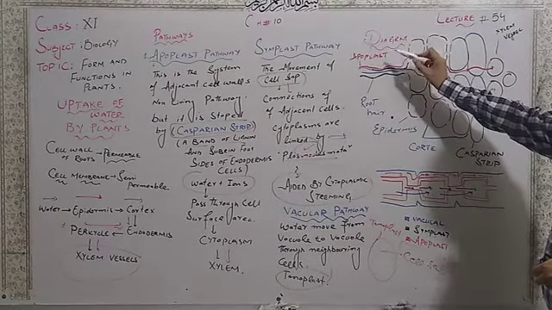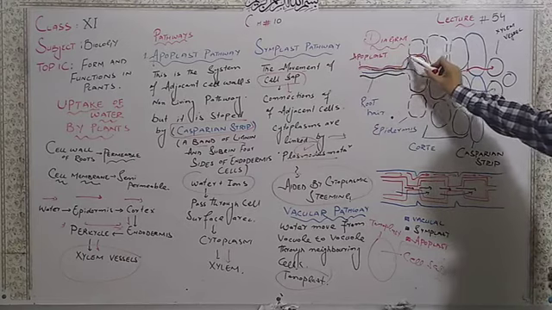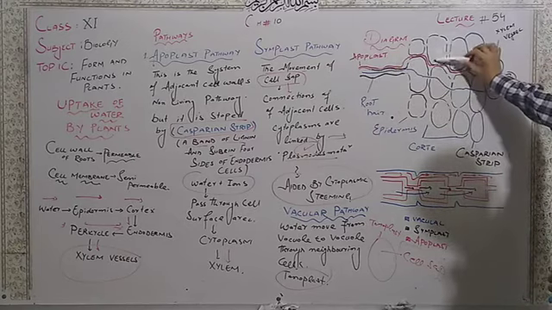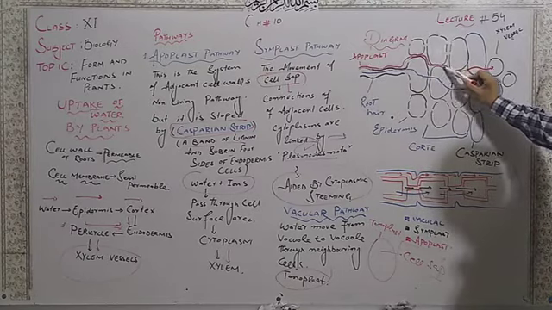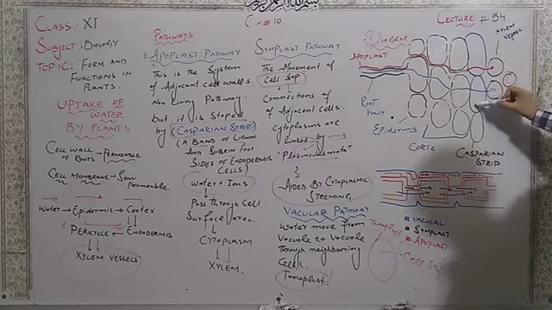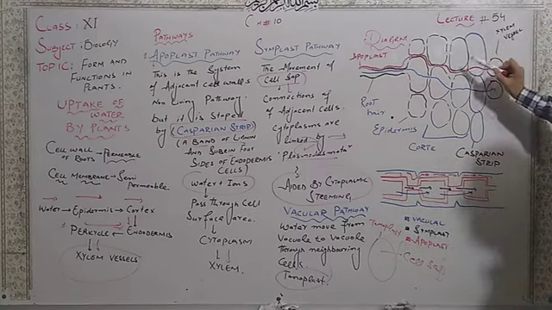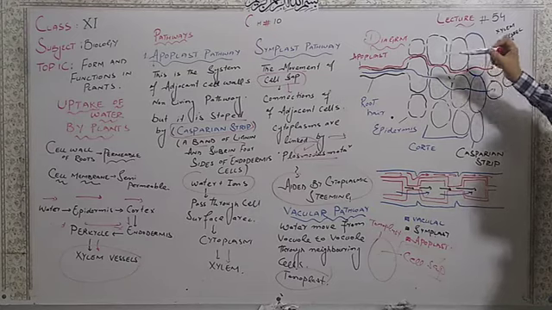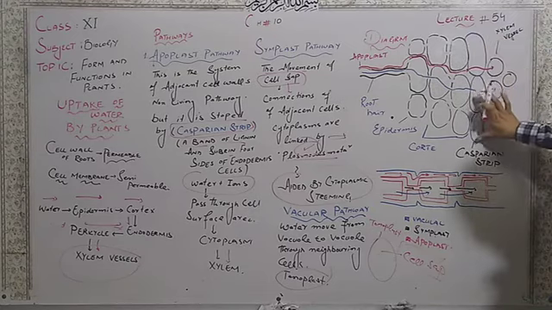So if you look at the diagram, with the apoplast pathway, through the epidermis and cortex, look, this red line is coming up to the Casparian strip. You can say that they are blocked here because the Casparian strip is a band of lignin and suberin. These are the thick-walled cells.